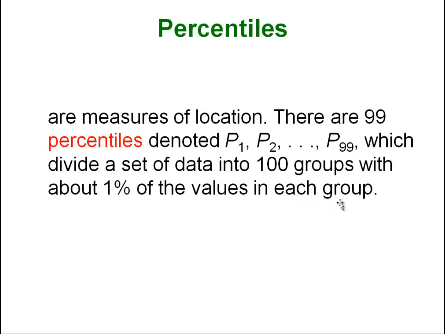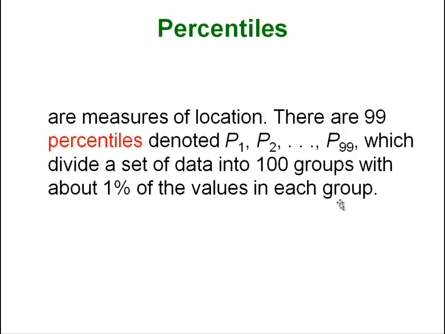Percentiles are a way of describing how much data is below a value. So if you're thinking of your entire set of data and you have one value out of that set. Let's give an example of scores on a test. If you've ever taken a standardized test, you've got a percentile rank on that test.